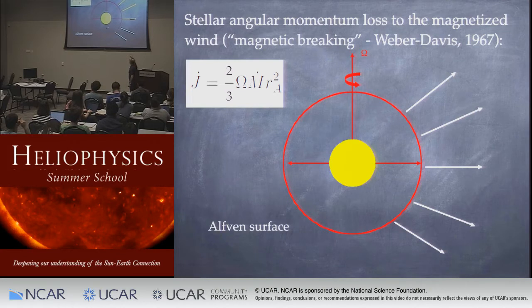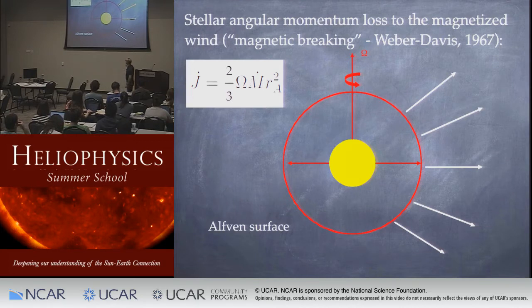We have a star here in the middle, and we have a stellar wind that is magnetized and is flowing out from the star. And this red circle represents the Alfvén surface, which is the collection of the Alfvén points at which the field lines are breaking up and open up to the interplanetary medium by the wind.